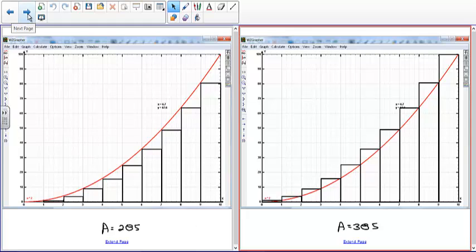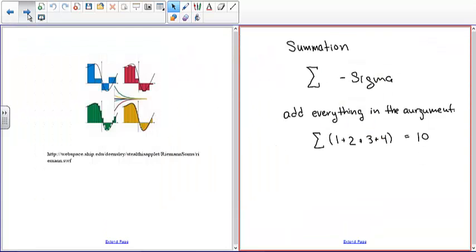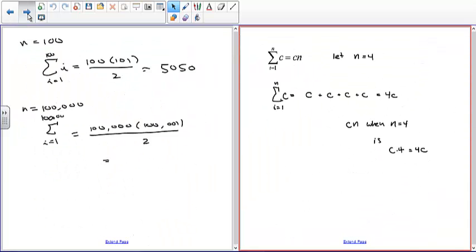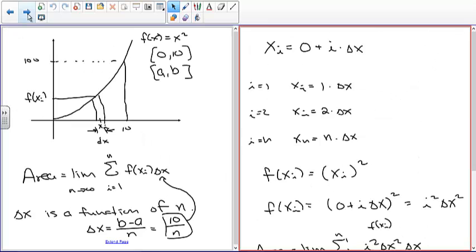So what we did on Friday was we set up the problem, and we said that we're going to take the height of the rectangle, multiply by the width of the rectangle, which is 1 in our case, and add all those up, which I did, 1 plus 4 plus 9 plus 16 plus 25 plus 36, etc., for n equals 10.